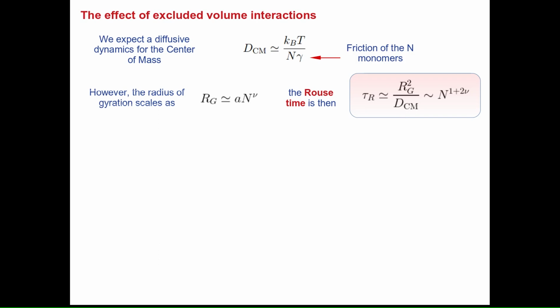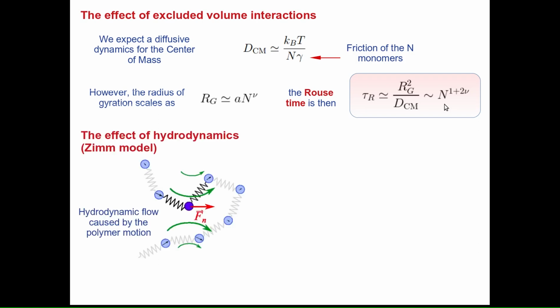Now the radius of gyration squared brings an exponent n to the power 2 nu, and the diffusion coefficient brings a factor 1. So for an ideal polymer in the Rouse case, this relaxation time is n squared because nu is 1/2, and now for a polymer with excluded volume we have this new scaling law. So this is the first case.